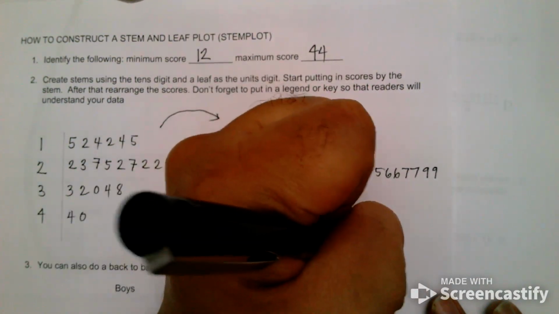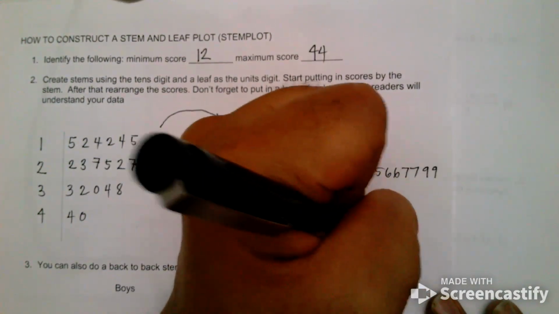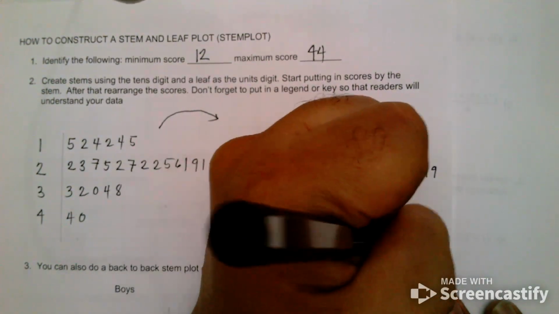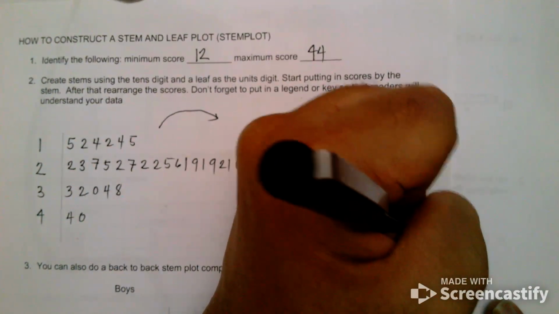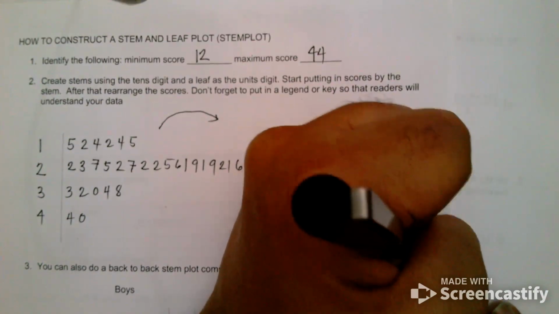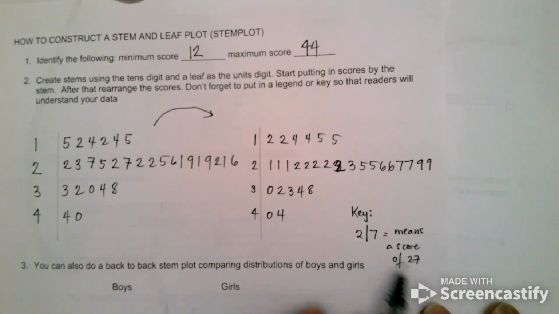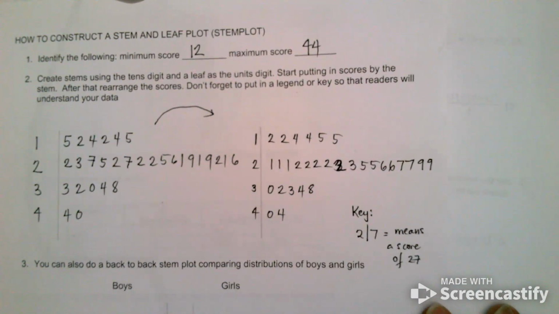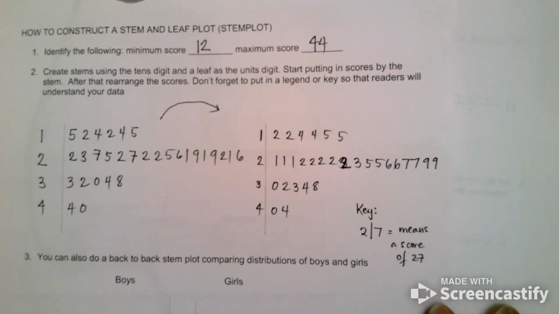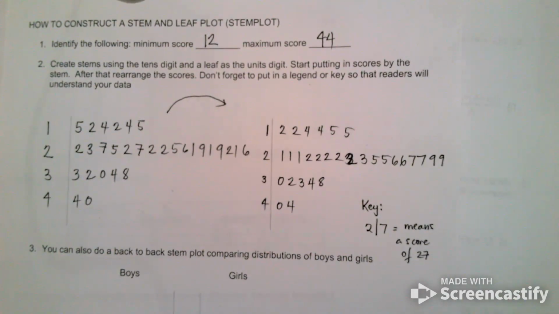So the key means, for example, if I have 2 | 7, it means a score of 27. Okay? Put something like this so that they would understand. Okay? Do you guys understand? Okay? That's how you do a stem plot.